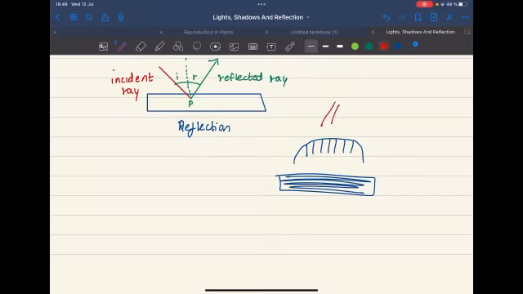So there is light passing through the comb. Listen carefully again. You're taking a comb, you're placing it in front of a mirror. And I'm just placing a mirror over here.